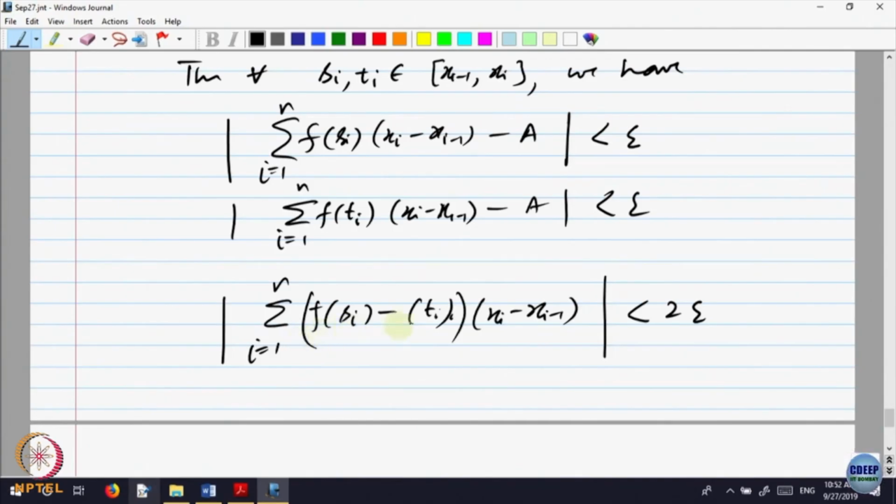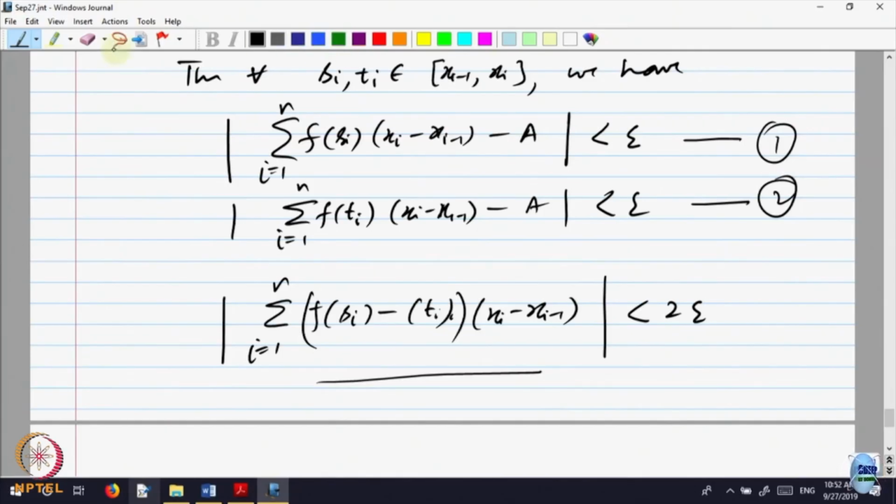Summation f(si) times this length, so I can add minus capital A. I will get 1 epsilon by using the triangle inequality, and the other one I will combine with the other one. So add and subtract capital A and use the triangle inequality and use 1 and 2. Is that okay? Or shall I write that step?